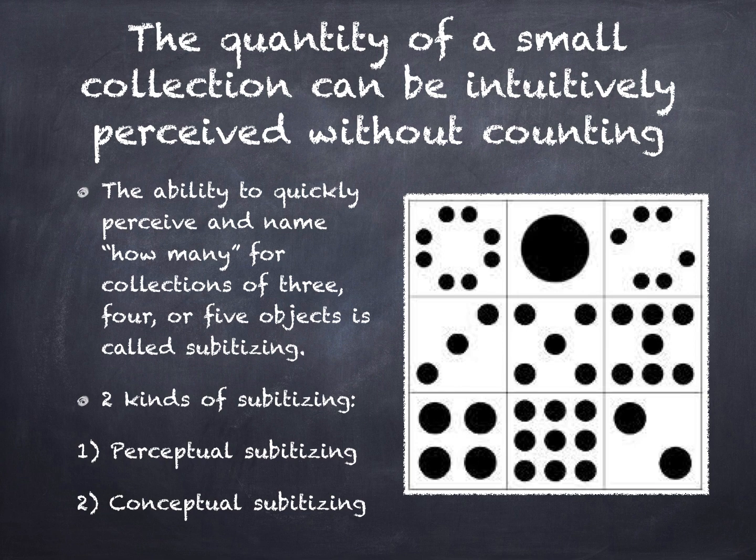Doug Clements identified two kinds of subitizing: perceptual subitizing, which occurs when the number of items is 3 or less, and conceptual subitizing, which occurs when the numbers get a bit larger, such as 4, 5, 6. This occurs when children perceive sets of dots, such as the 6 on a dice is perceived as 2 threes.